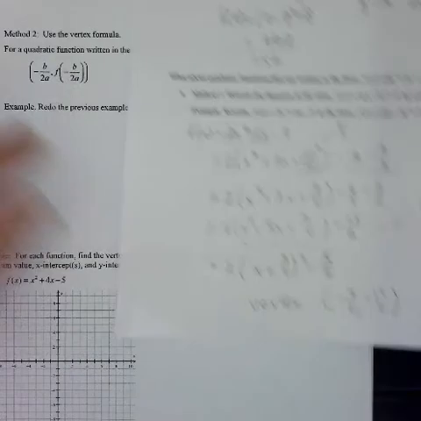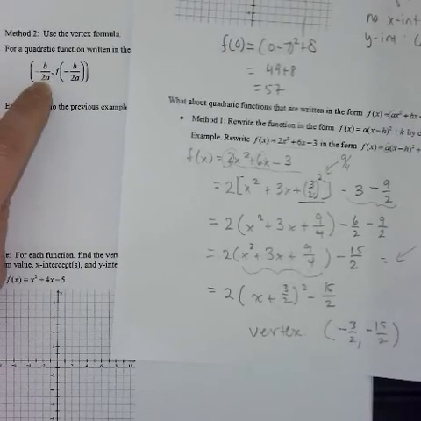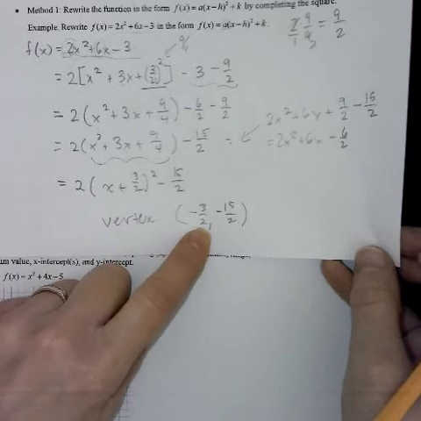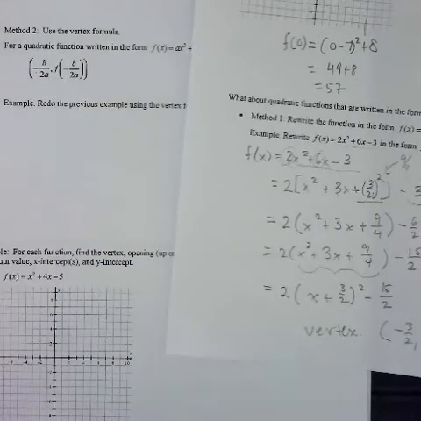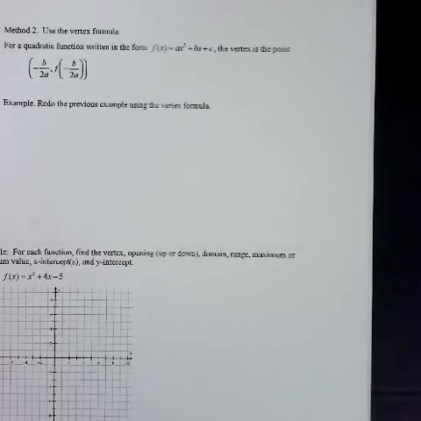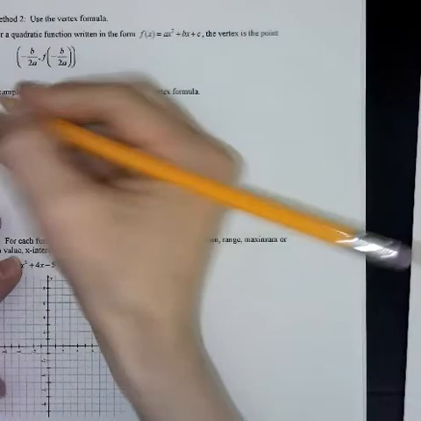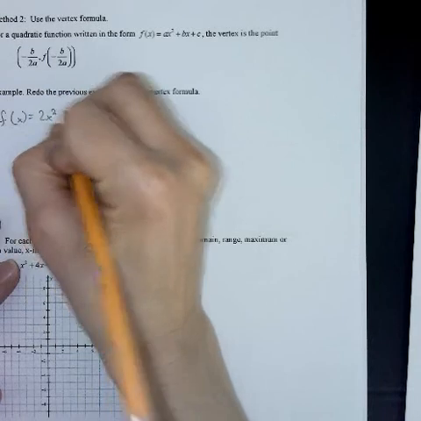So if we use this formula, the first coordinate here is going to be the x-coordinate of our vertex, and then whatever that number is, we'll just plug it into the function to get the y-coordinate. So we're going to redo this and show we can get the vertex without actually doing all of this. We start with f of x is 2x squared plus 6x minus 3.